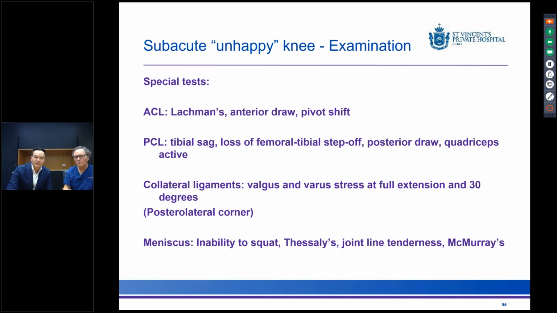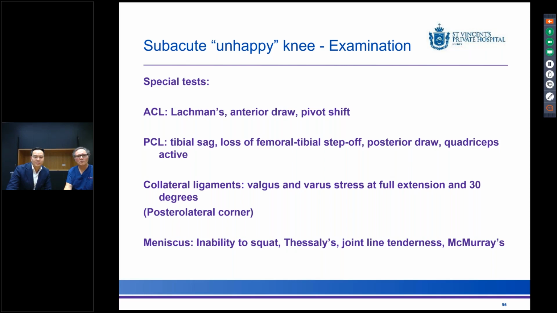Now, for the meniscus, there's a variety of provocation tests described. What I do find most helpful is palpation or tenderness, specifically in the joint line. And with acute meniscal tear, you can often feel a fullness at the joint line as well. Look for difficulty or inability for the patient to squat.